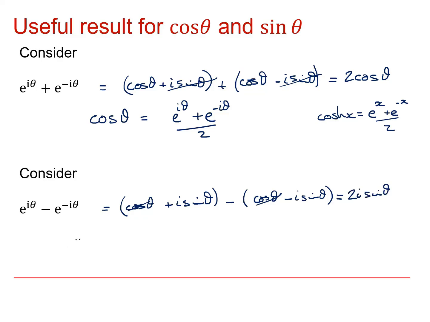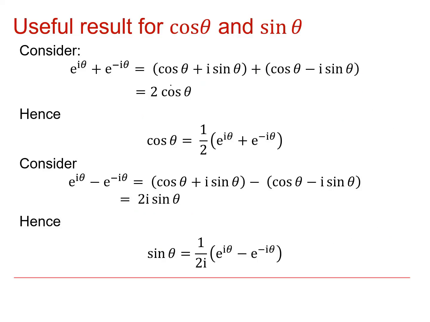So this gives me an expression for sine theta, which is e to the i theta minus e to the minus i theta all over 2i. It's important to remember that there's this 2i on the bottom, but also, as we did with cos, we can compare this with the formula for sinh x, which is e to the x minus e to the minus x all over 2.